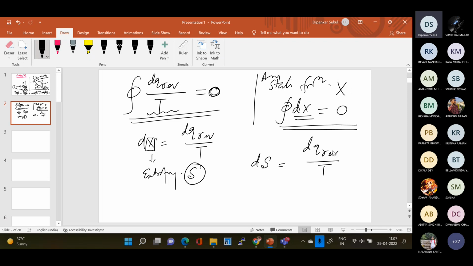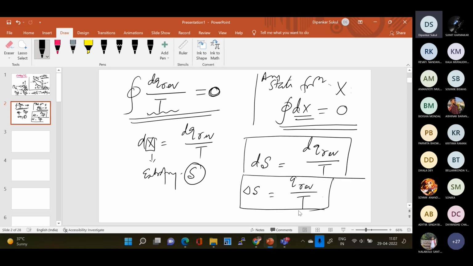And for a considerable amount of change, delta S will be the total reversible heat change divided by the corresponding temperature. So this is the expression of entropy change, and this concept we are getting from the ideal Carnot cycle treatment.